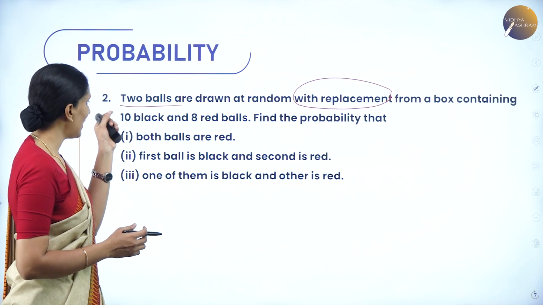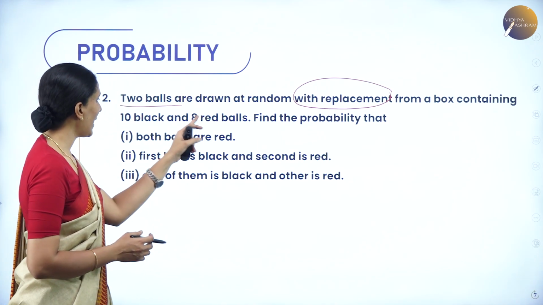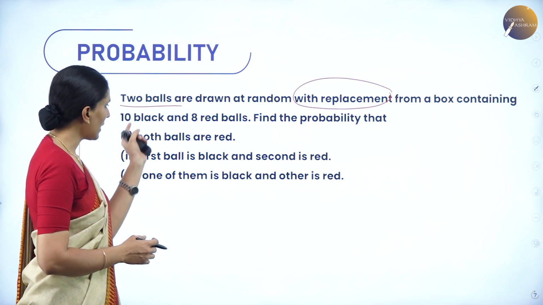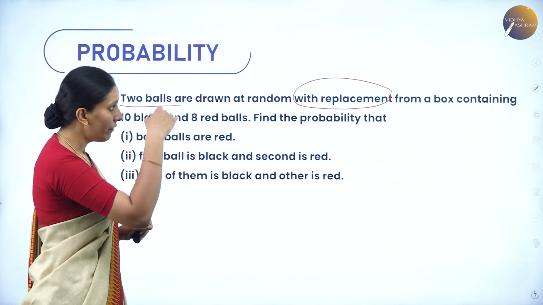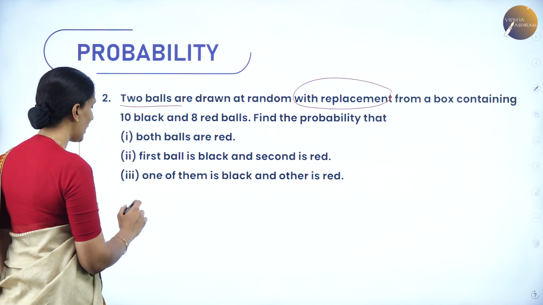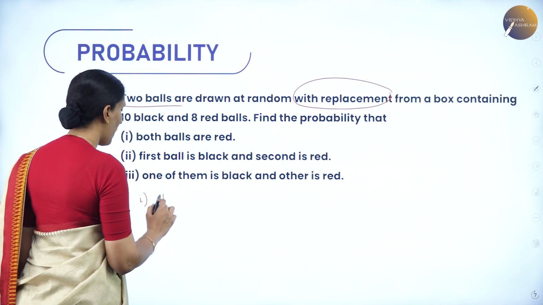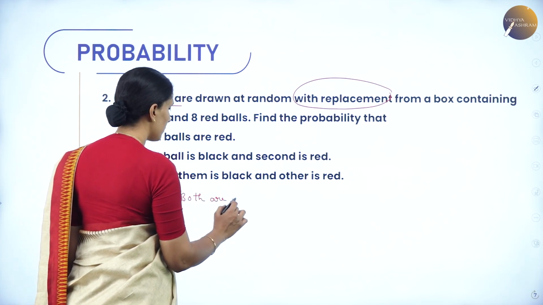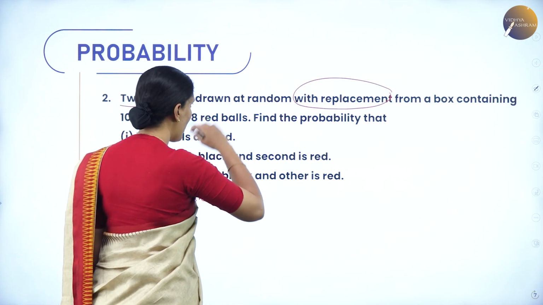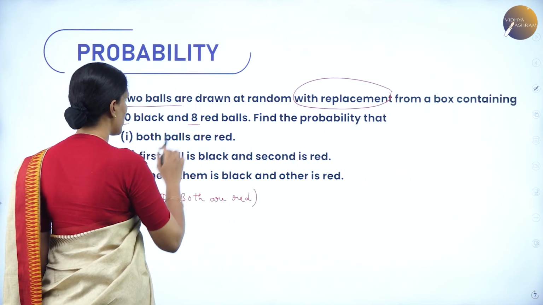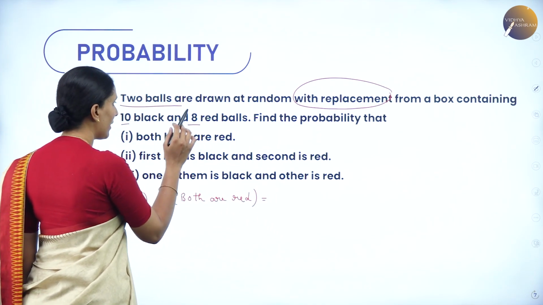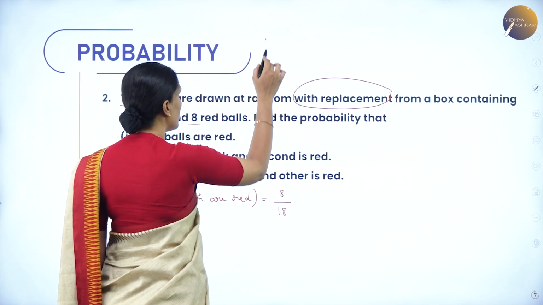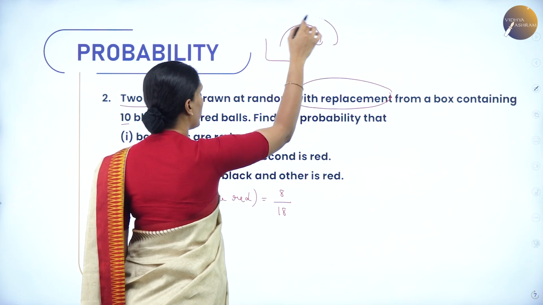So therefore, first let us take one ball from 18 balls and that has to be red here. And the second ball must be red with the replacement. So let us take the first problem: probability that both are red. Now I will draw one ball out of 18 balls and probability of taking red ball is 8 out of 18. Once you take out a ball, you will put it back again.